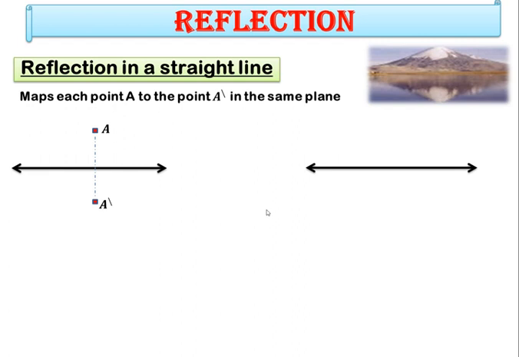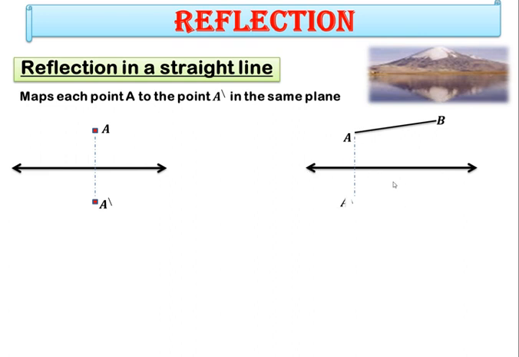Next, the image of a line segment AB. To get the image of the line segment AB, we must get the image of each point, the image of A and the image of B. First, get the image of A by the same distance from the point to the reflection line.